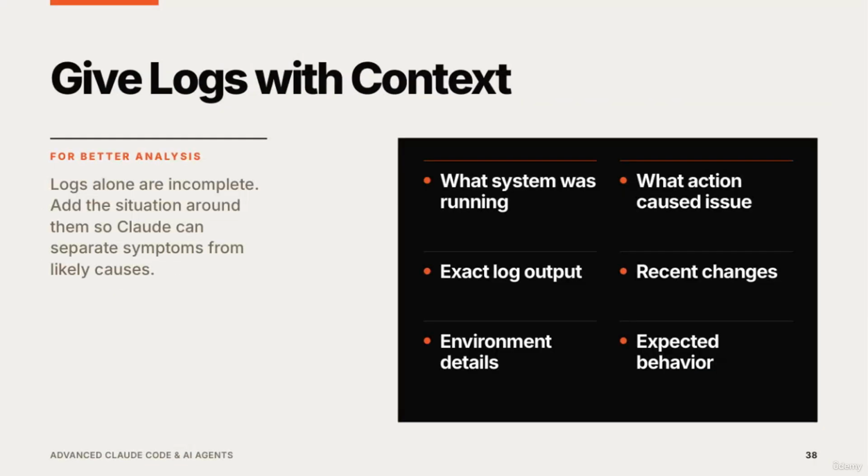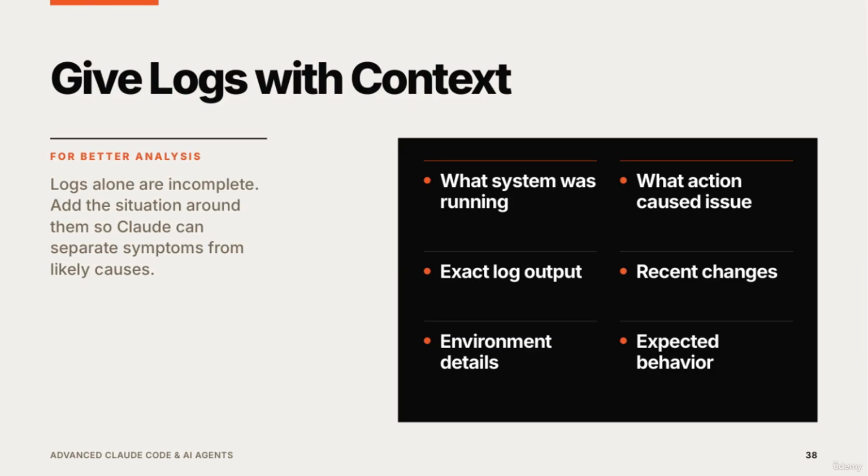When we're working with logs, it's important to remember that logs by themselves don't tell the whole story. For better analysis, we need to provide context around them. This means including details like what system was running at the time, what specific action triggered the issue, and the exact log output you observed. It's also helpful to note any recent changes that may have contributed to the problem, as well as relevant environment details.